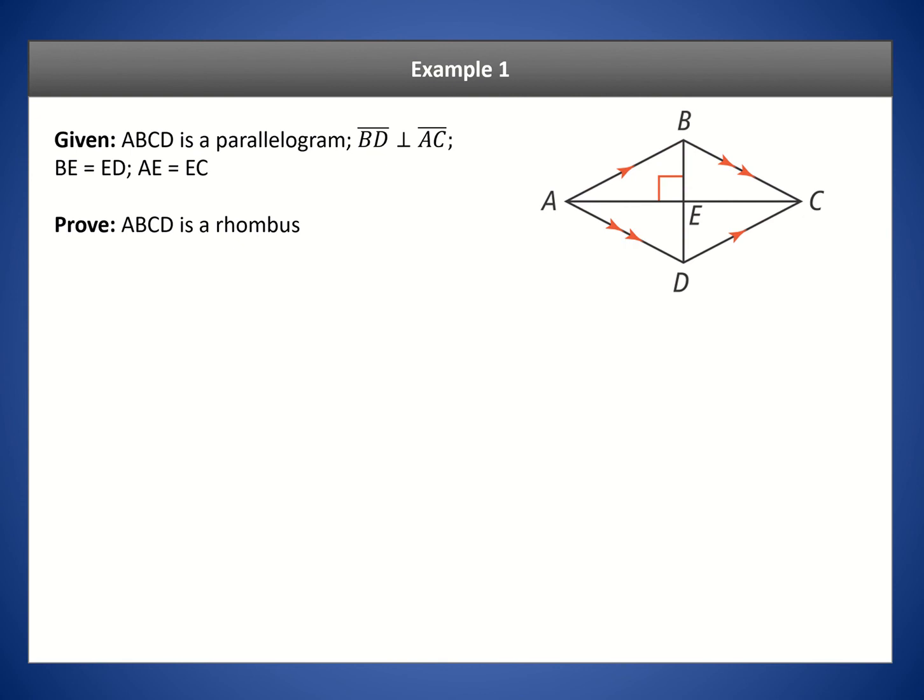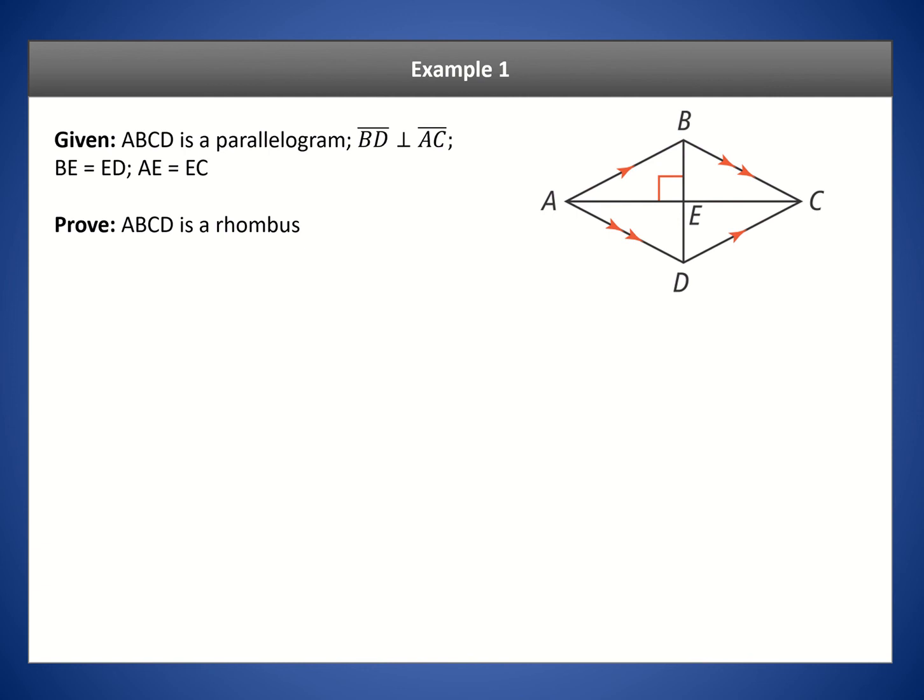So we're going to look at an example in which we prove one of these theorems. So we're going to prove the converse of, in this case, theorem 616, which was this top theorem. We're going to prove this.